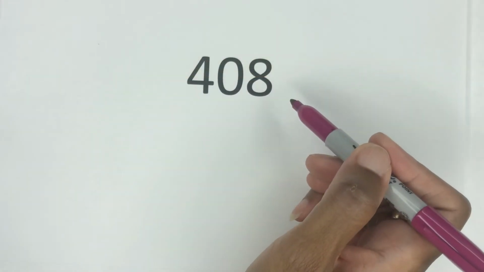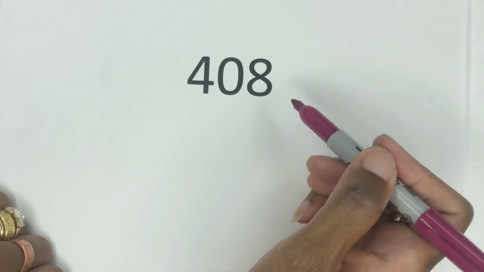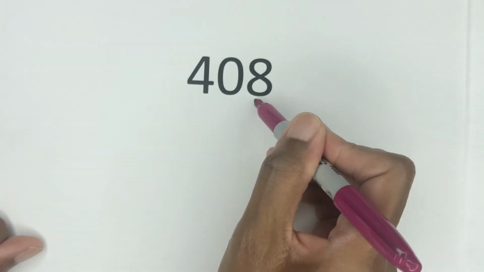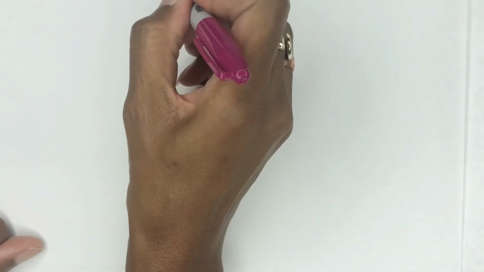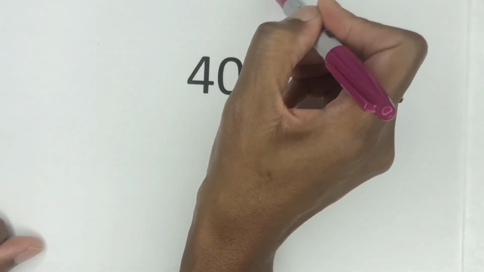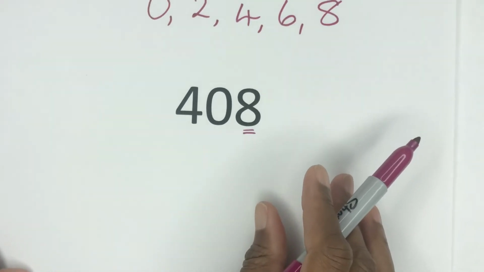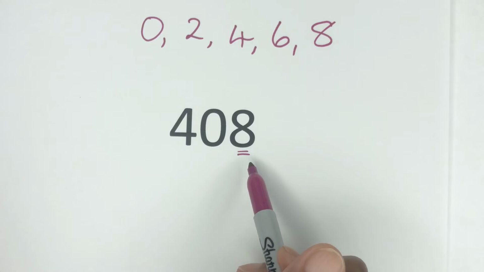You know a number is divisible by 6 if it passes the rules for the divisibility of 2 and the divisibility of 3. So for divisibility of 2, this number 408 ends in a multiple of 2, right? Remember, the multiples of 2 were 0, 2, 4, 6, or 8. This number ends in an 8, so it passes the divisibility of 2 rule.